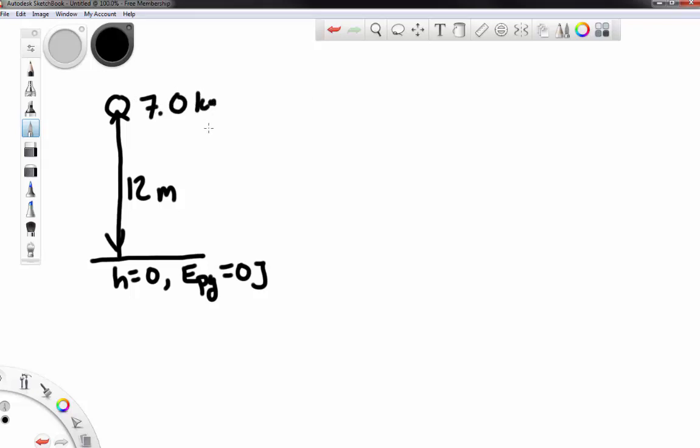This rock is a 7.0 kilogram rock. Recall that the potential energy due to gravity near the Earth's surface is mass times gravitational acceleration times height.